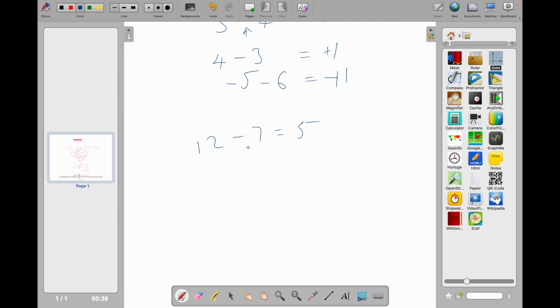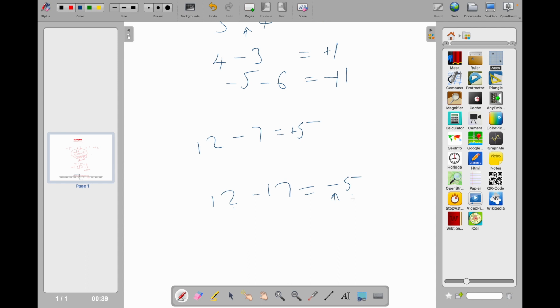So now we take the sign from the bigger number, which is positive here. Let's say 12 minus 17 equals, now it's minus 5. Why? Because 12 minus 7 is 5, and we take the sign from the bigger number.